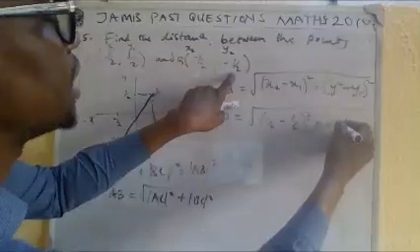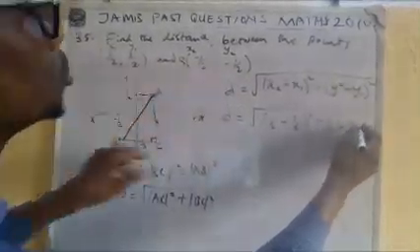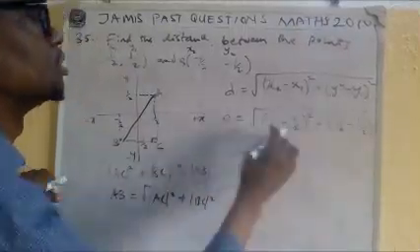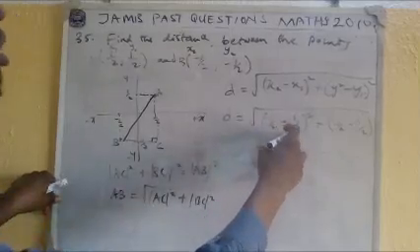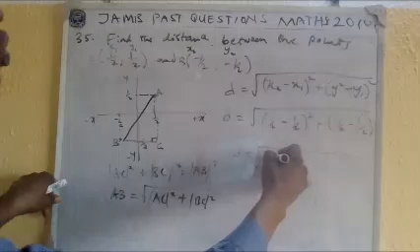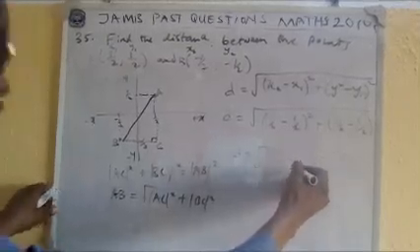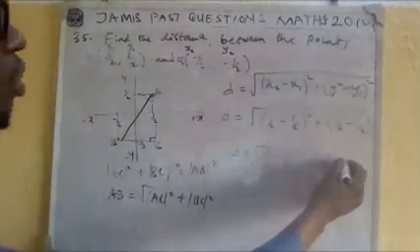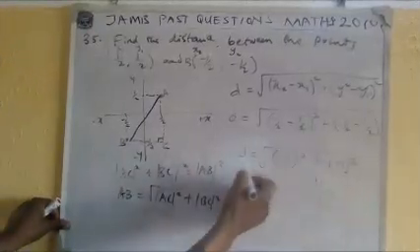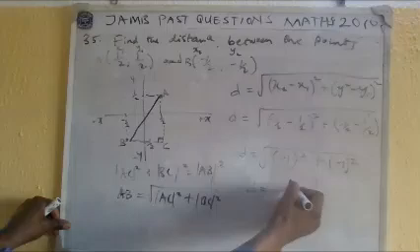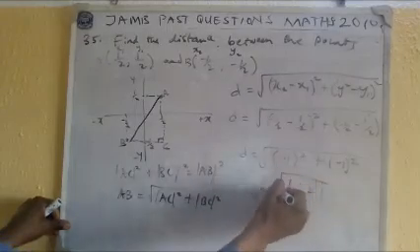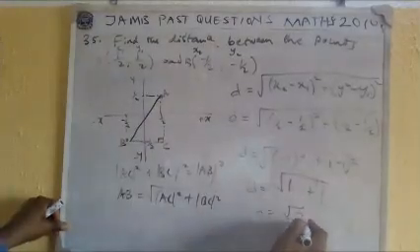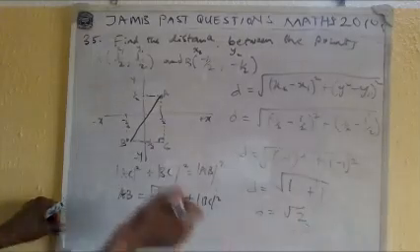Y is minus half minus 1 over 2. So D is minus half is minus 1. Minus 1 all squared plus the same minus 1 again all squared. So D is equal to the square root of 1 plus 1, and 1 plus 1 is 2. So D is root 2.